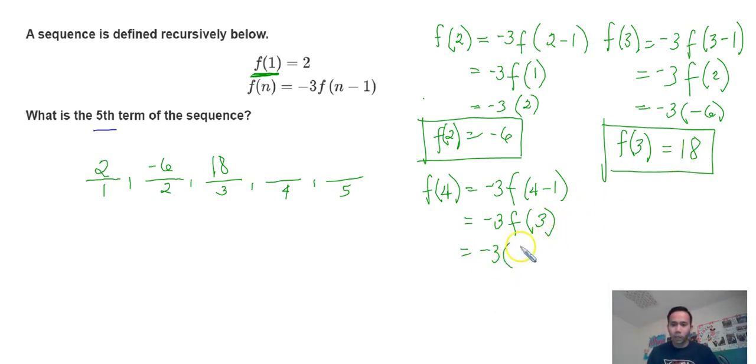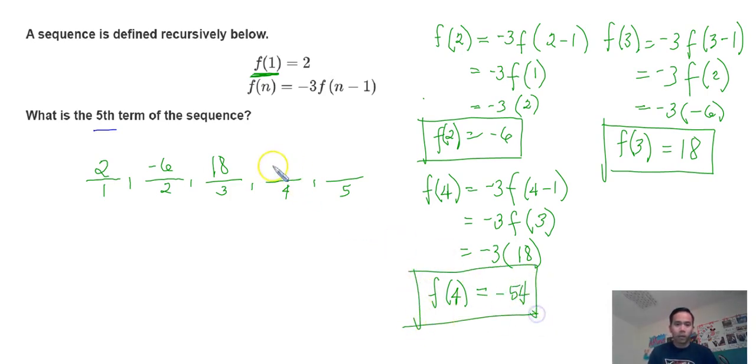F of 3 is 18. Therefore, your f4 is equal to -3 times 18. That is -54. So we have negative 54 in this one.